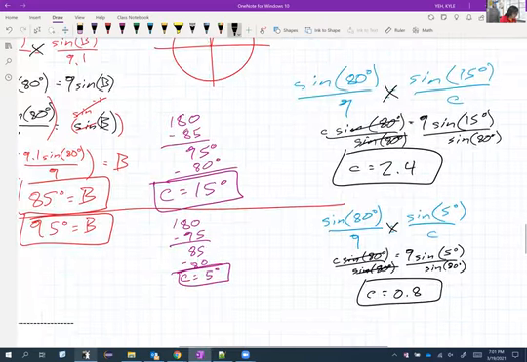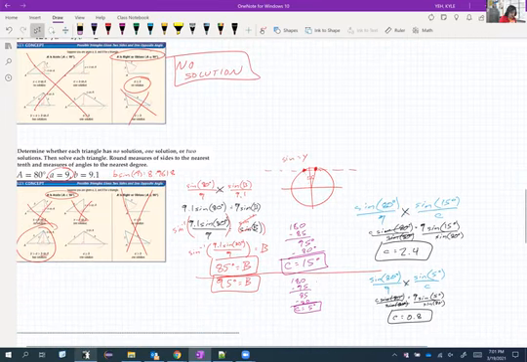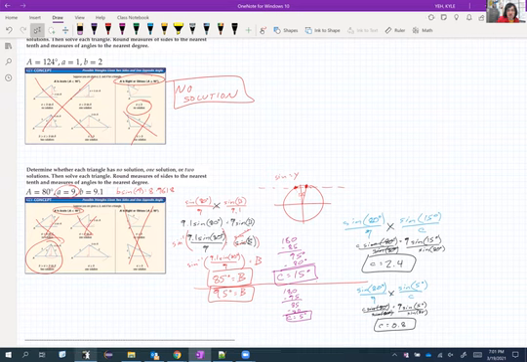So these are our two possible triangles. I'm zooming way out. Our two possible triangles because we looked at the chart and it told us there are two possible triangles. So how did we go about this?